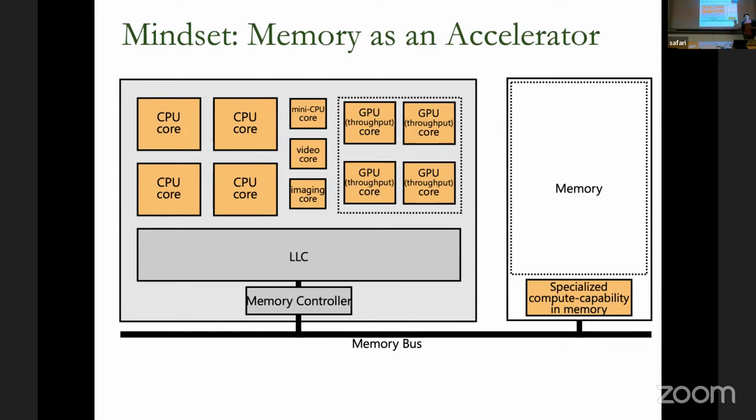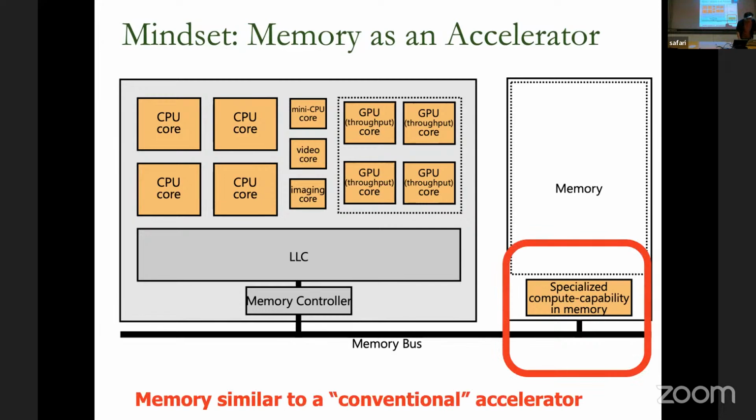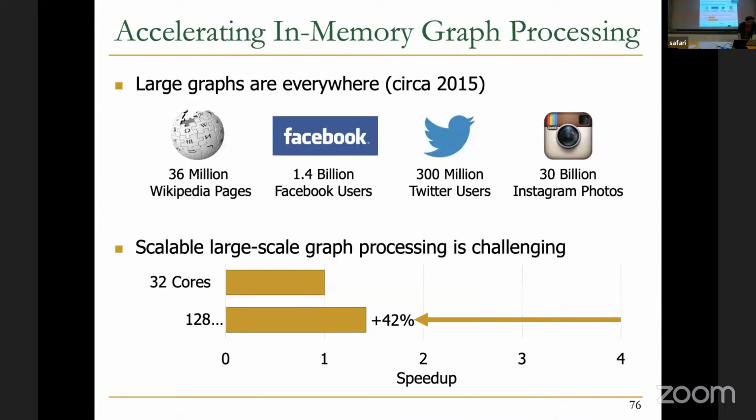Imagine that this is a small CPU, or it might be a specialized accelerator, for example, for neural networks or for genomics workloads, right? We are going to see how these systems can be built, but that's the thing, right? So you can see memory now similar to a conventional accelerator.